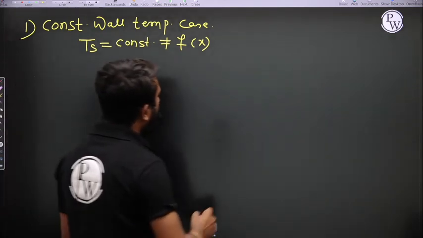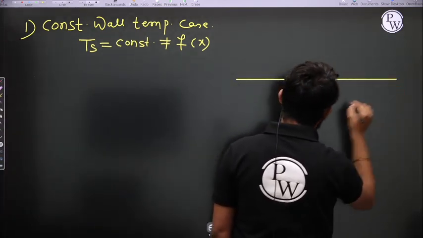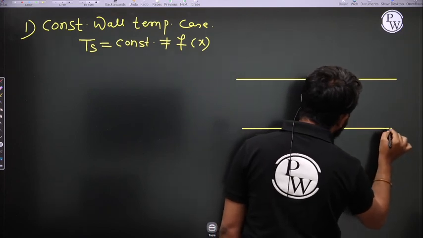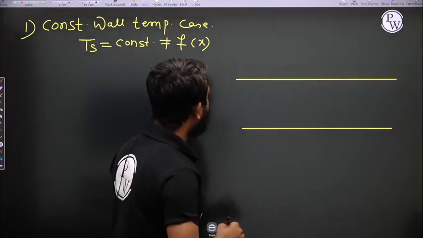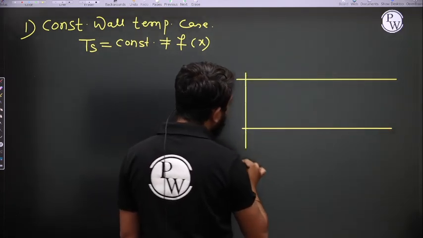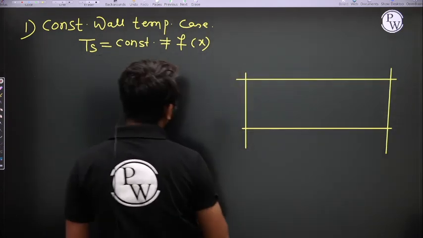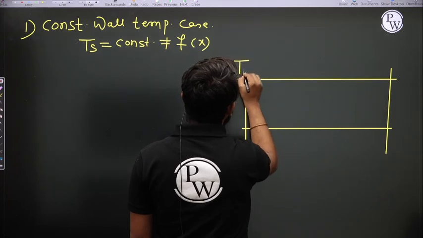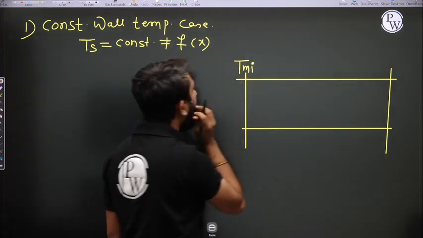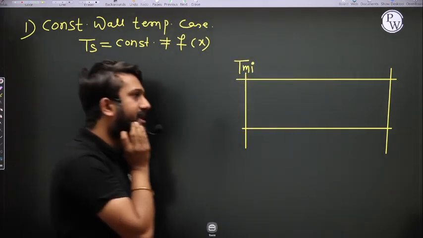If I consider a pipe here, this is the inlet of the pipe, this is the exit of the pipe, and at the inlet of the pipe, the mean temperature is T_mi. T_mi is the mean temperature at the inlet.